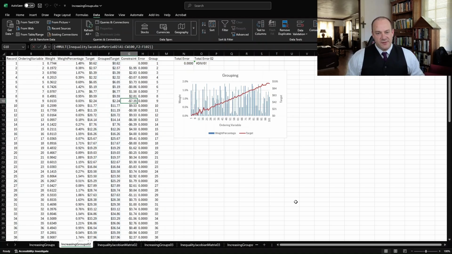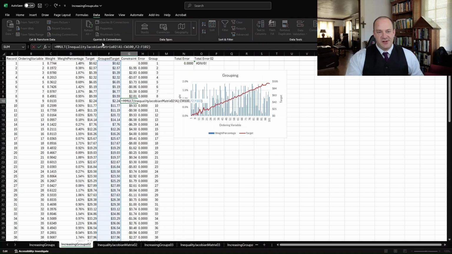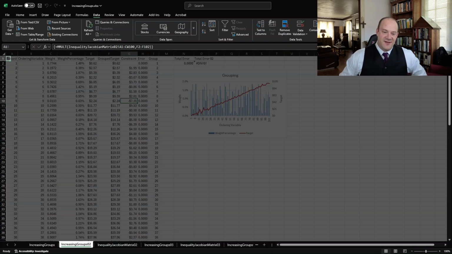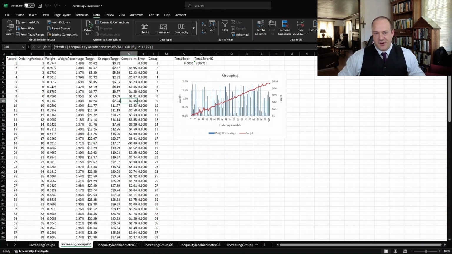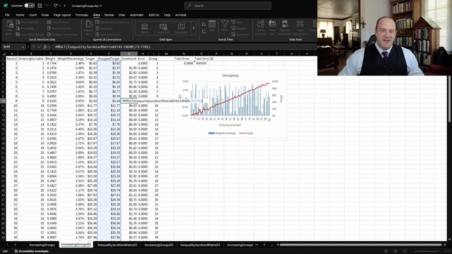If you look at the formula here, it's clearly making use of column F. What's it doing? It's doing matrix multiplication of column F on something else. What's that something else? That's the inequality Jacobian matrix here. So the way to think about this formula is that you are taking this vector here and multiplying it on the right-hand side of some matrix.